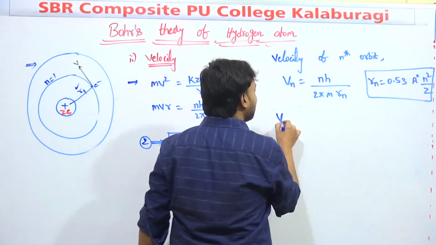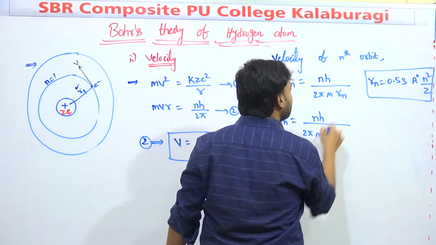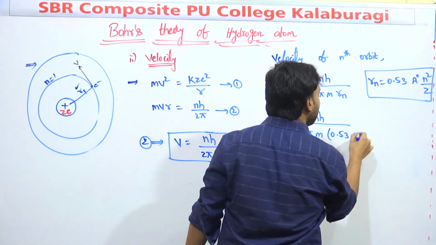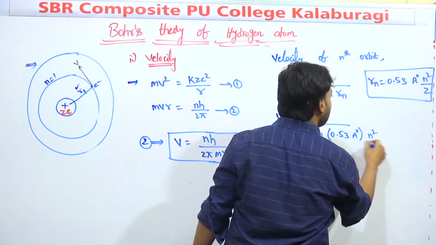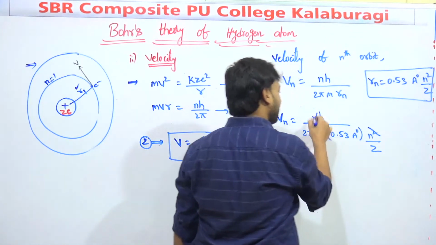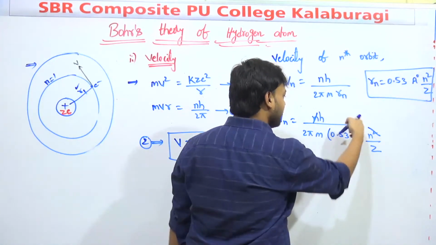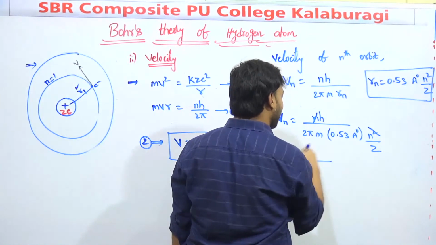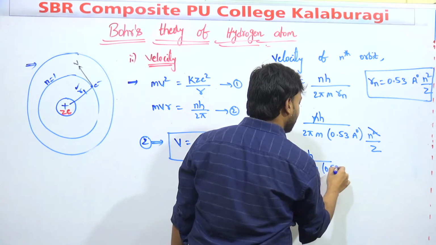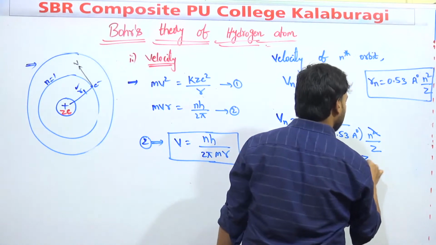Vn equals nh divided by 2 pi m, and Rn is 0.53 angstroms n square divided by z. One n will be cancelled. So finally Vn, z goes to the numerator. The constants are on one side: h by 2 pi m, and 0.53 angstroms, and z by n.